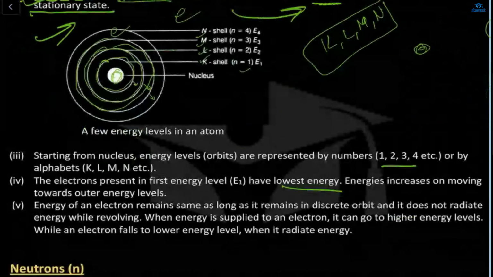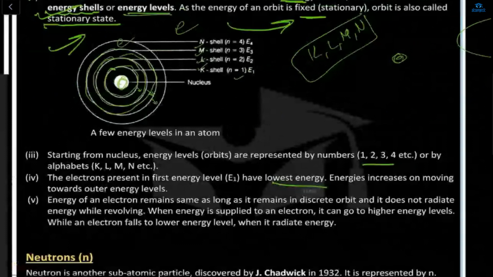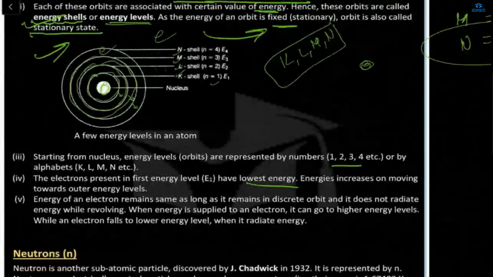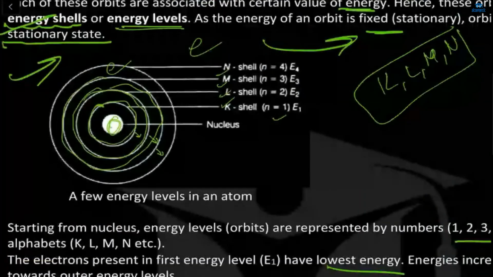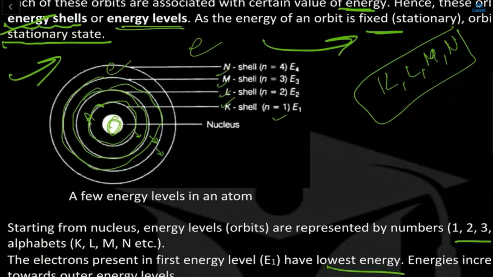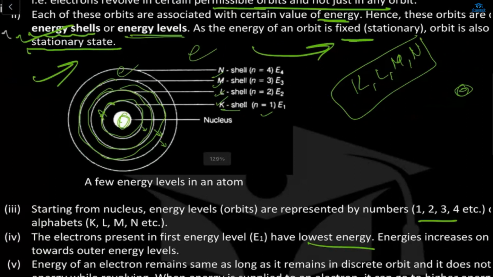Next, the energy of an electron remains the same as long as it remains in the orbit, or it does not radiate energy while revolving. When energy is supplied to an electron, it can go higher. For example, let's say one electron is there, and let's name that electron Arham. Arham is in the first orbit, the K orbit, which has some amount of energy.